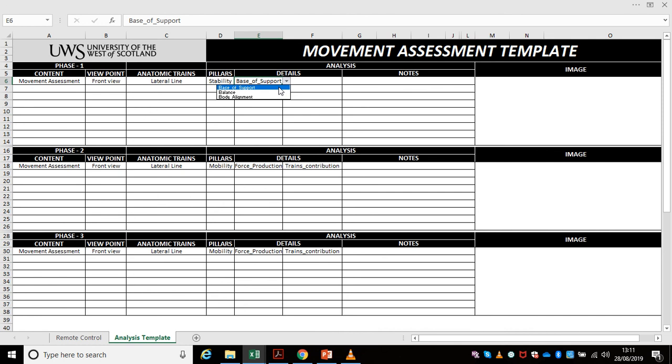So the first characteristic was the base of support, and then we can pick up some specific details for the base of support. So in the power position, the first phase of the shuffling, we had a double leg base of support, and then you can type whatever you want just to add some notes.